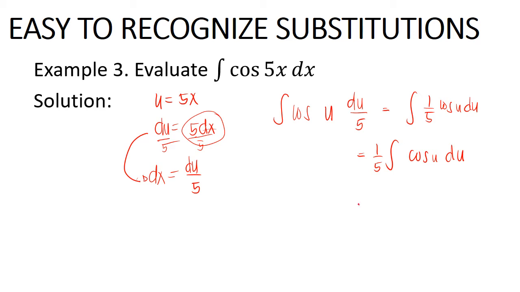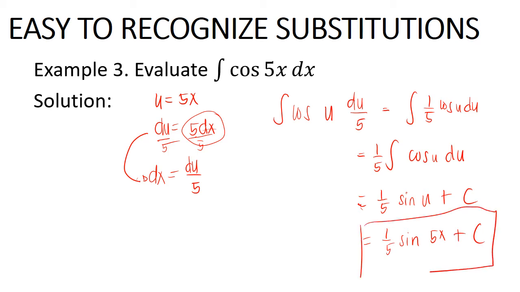Simplifying, anong integral ng cosine u? So, this is the same as sine of u plus c. Again, ibalik natin yung x. But what is u? 5x. So we have 1/5 sine of 5x plus c. This is the final answer.